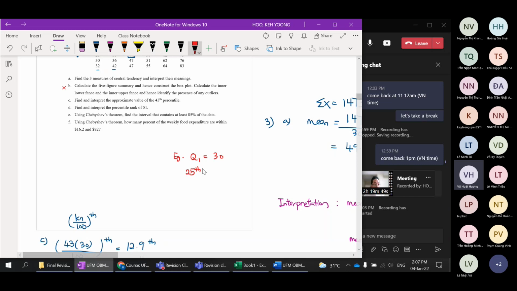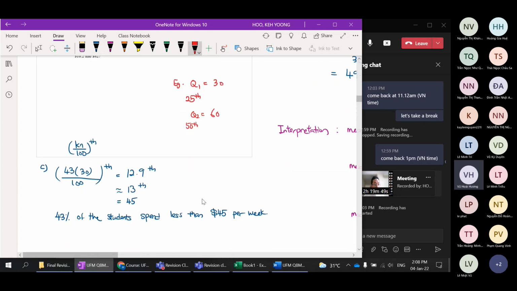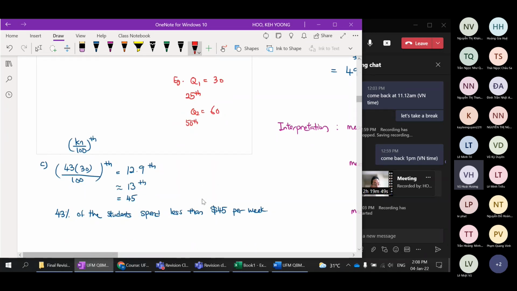It's just like the median. Median means 50% of the students spend less than the median amount. So let's say your median is 60. So 50% of the students spend less than $60 per week, and the other 50% spend more than $60. So the same for the 43 percentile: 43% spend less than the value that you found. That's the meaning of this.